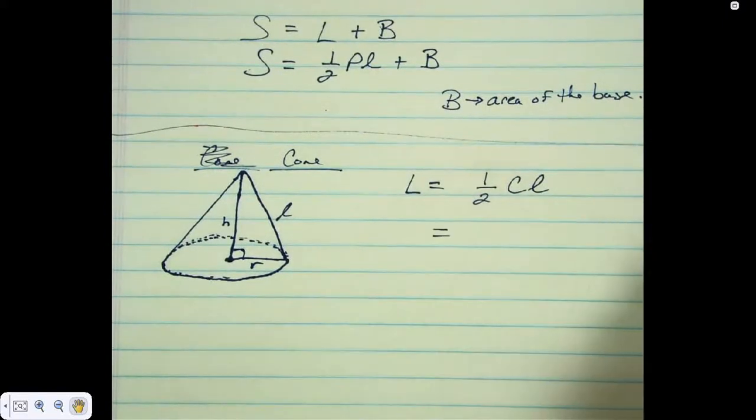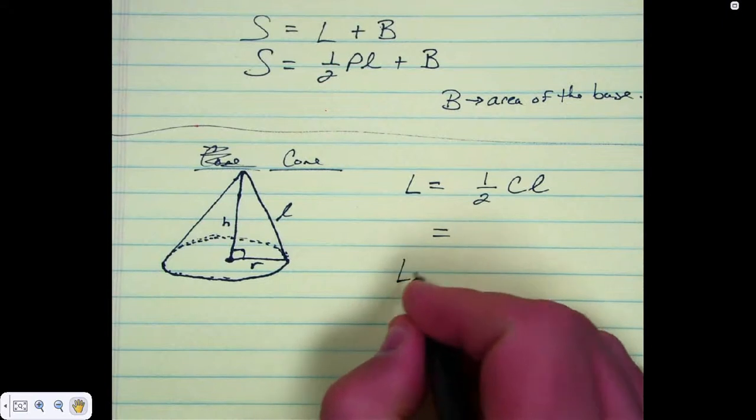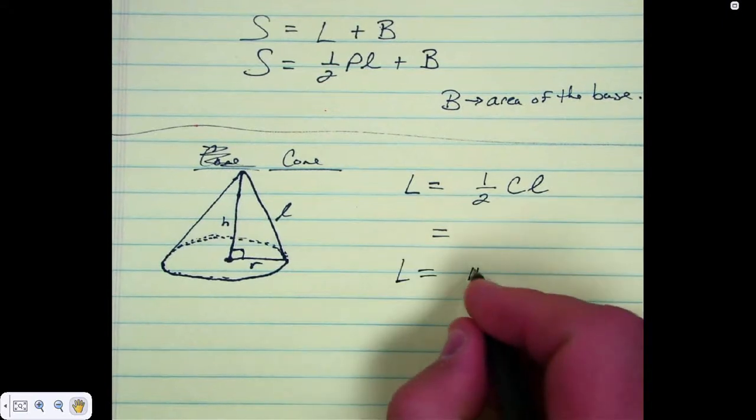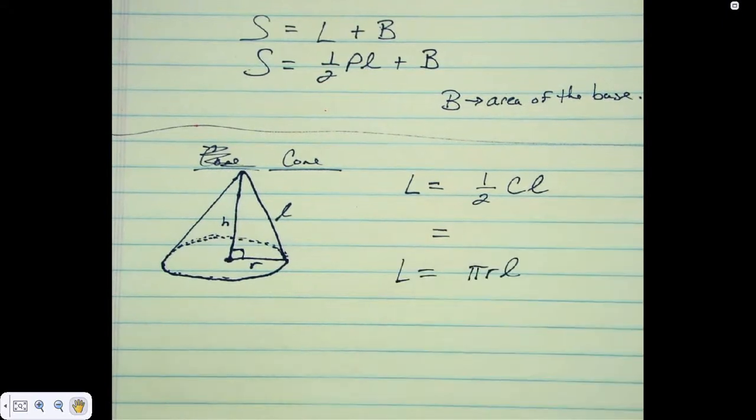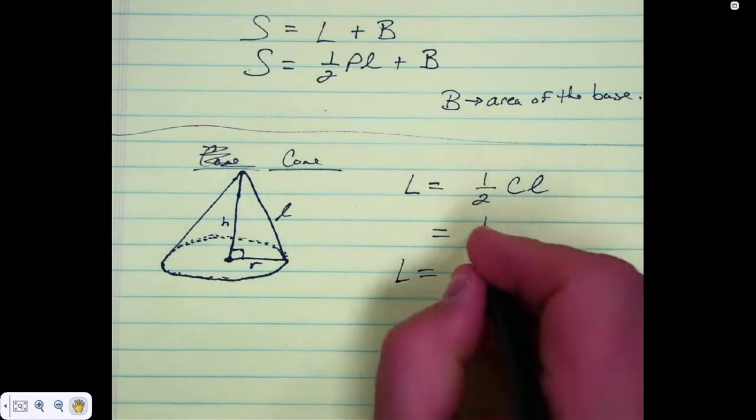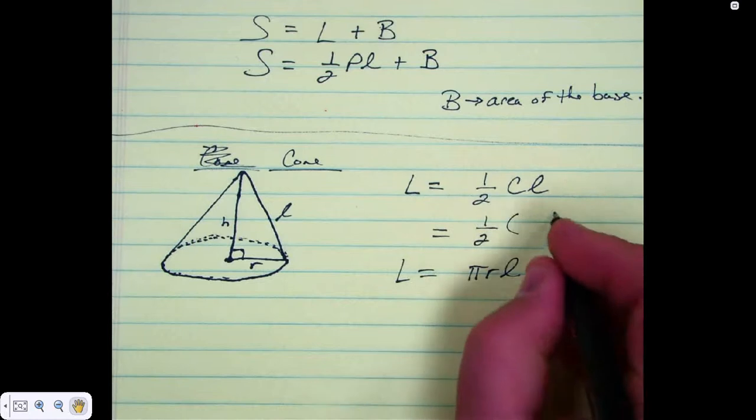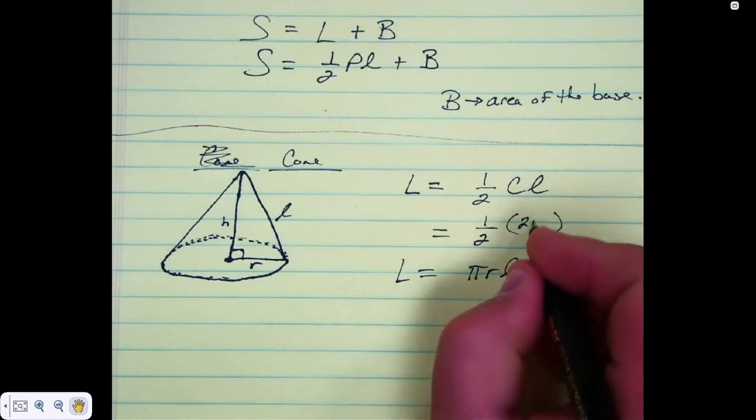Here's the deal, though. Your actual formula in the book, everyone look up here, is pi r L. Does anyone know why? Don't write, just look. How do they get from that to that? Do you guys know the formula for finding the circumference? What is it? 2 pi what?